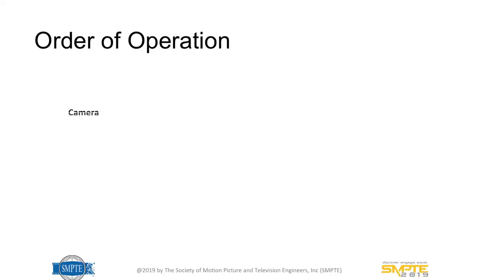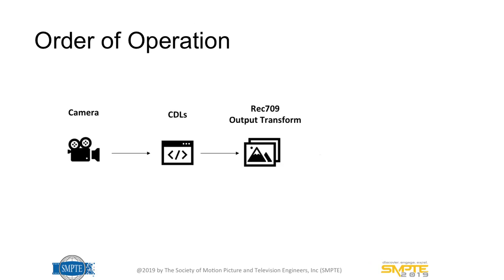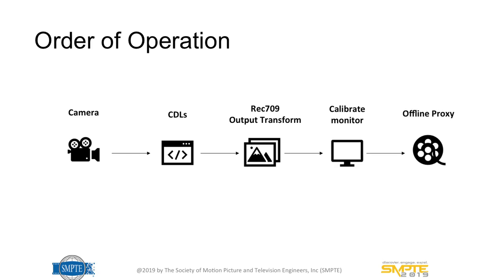Let's start from the basics of the color pipeline. So once you get the footage from the camera, it's actually raw footage. You need to apply the color grading on the CDLs, so you can keep this. Then you can apply your output transforms and then calibrate the monitors, and then you get the offline proxy.